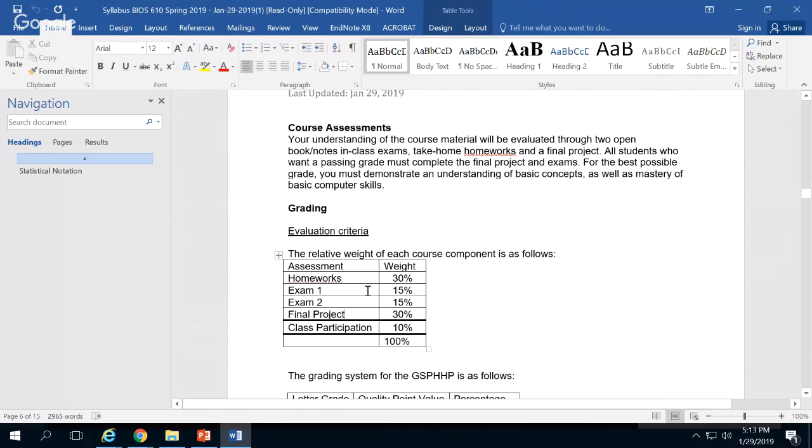The idea will be to perform a data analysis using some of the competencies that you gain in this course, do statistical analyses, visualizations, and present these in a poster format to the rest of the class at the end of the semester. And there will be more details later in the semester on this final project.